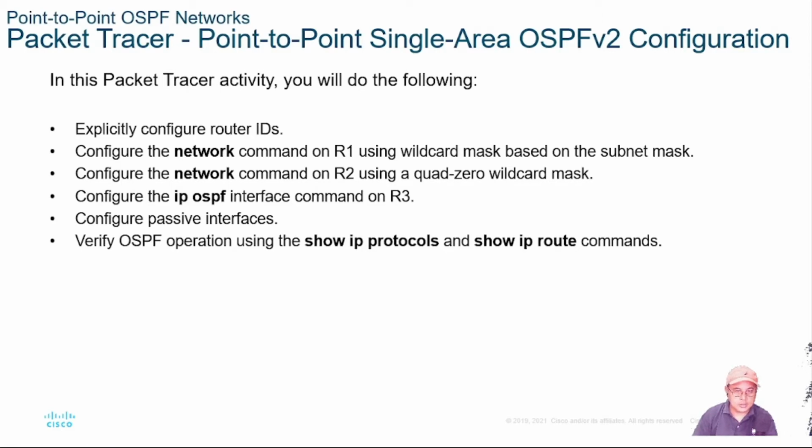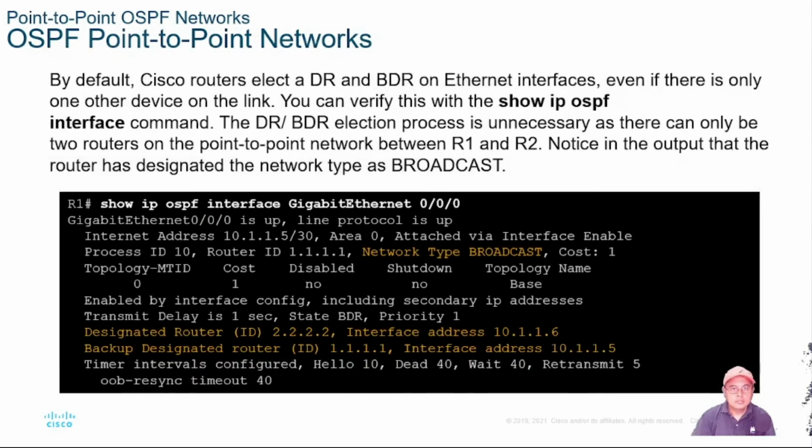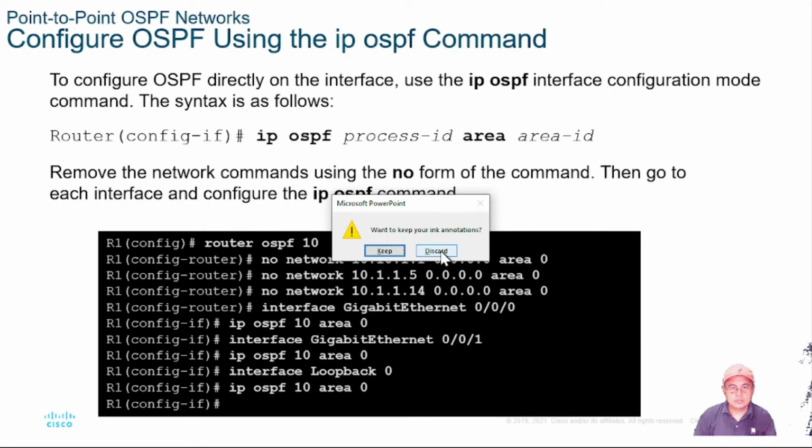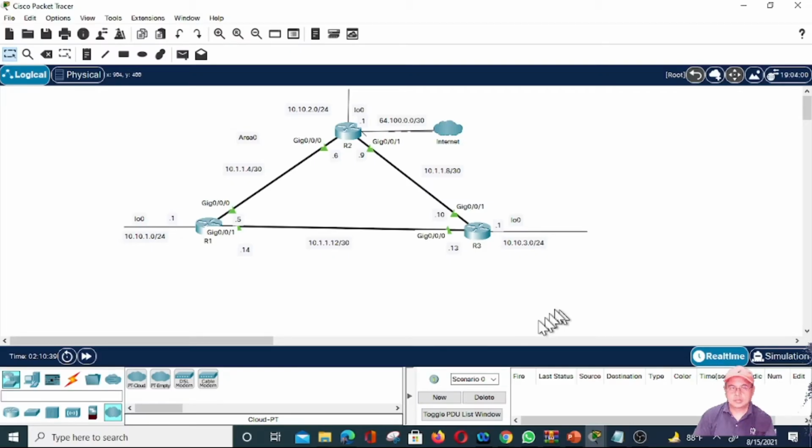Okay, so let us go to Packet Tracer again, and let us configure the network using the network command and the ip ospf interface command. Let's proceed and apply the command.